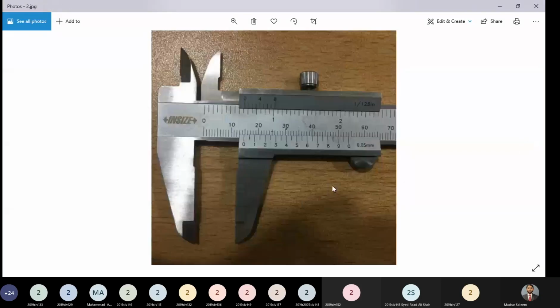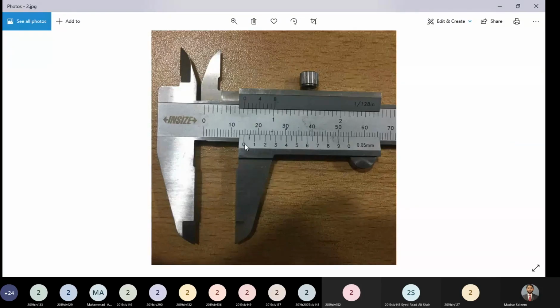All right, so this is a close-up view of a reading. Now, how to read vernier calipers? This is the vernier scale and this is the main scale. Can you guys see the arrow, my cursor on my screen? Yes, sir. We can see. Okay, that is great.